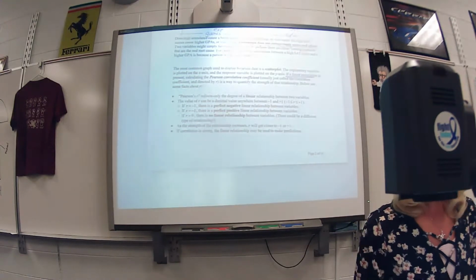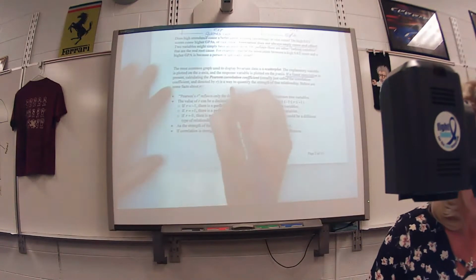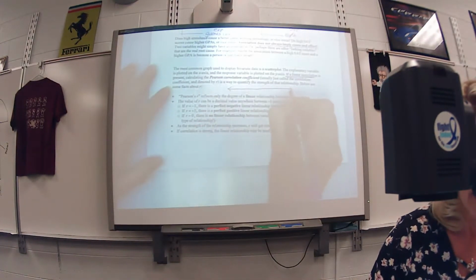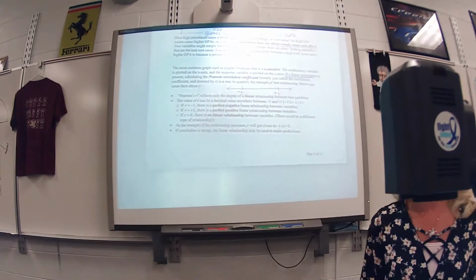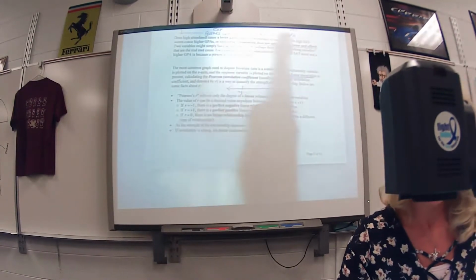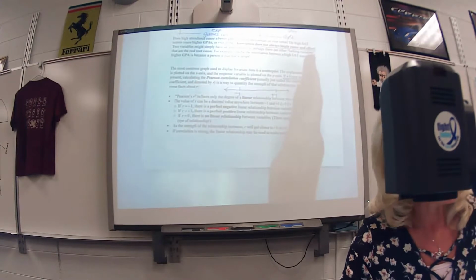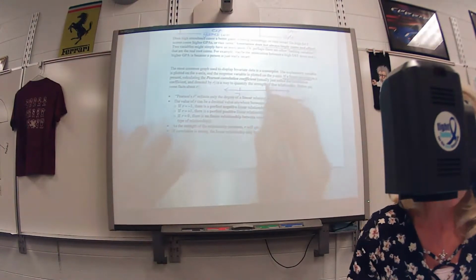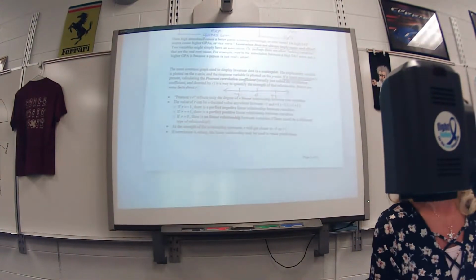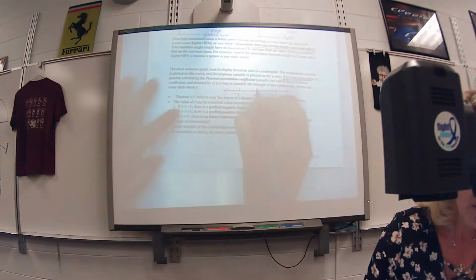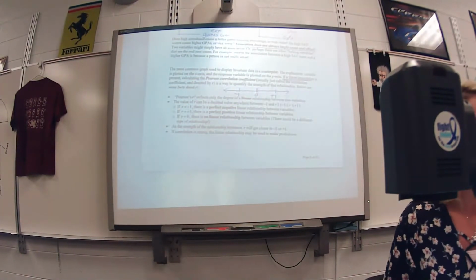Now, the mistake some people make, just because we're all mathematically minded, we look at a numerical scale from -1 to 1, and we think that from left to right, it's getting bigger. Well, when you measure correlation, everything measures off of 0, okay? So 0 is a very, very weak correlation.